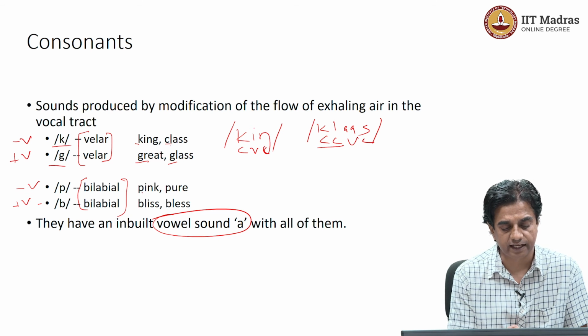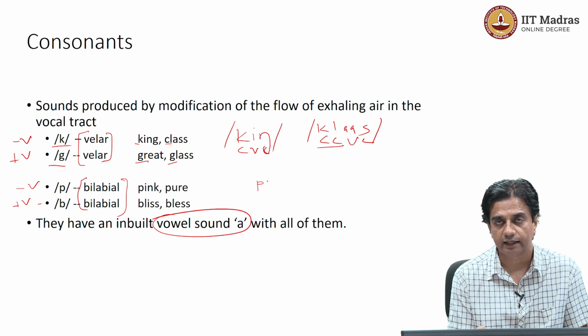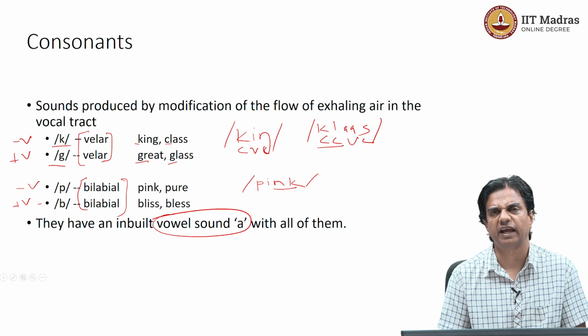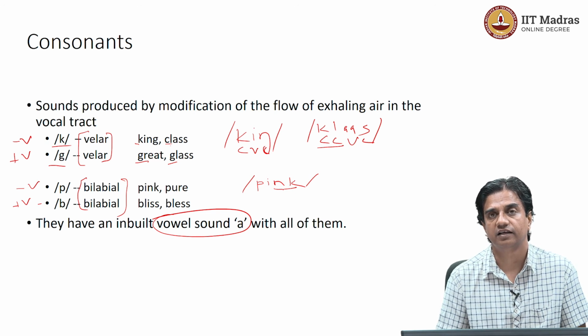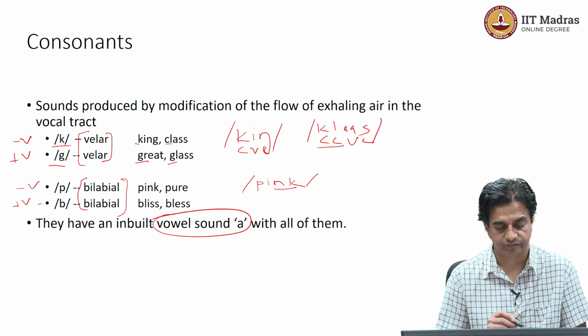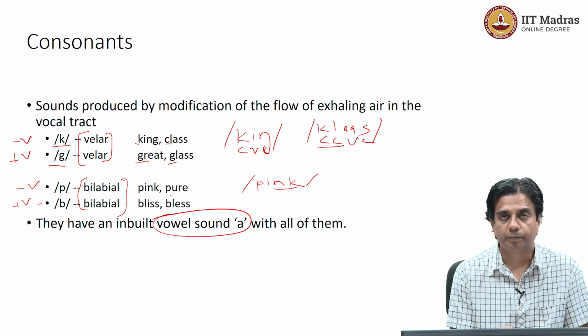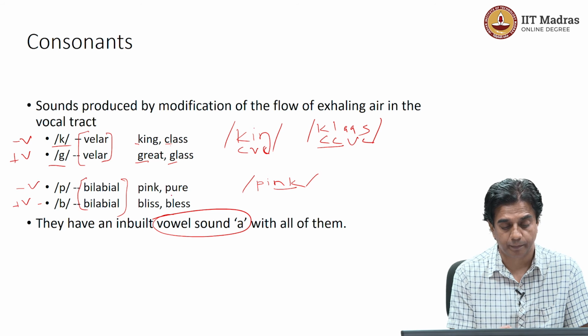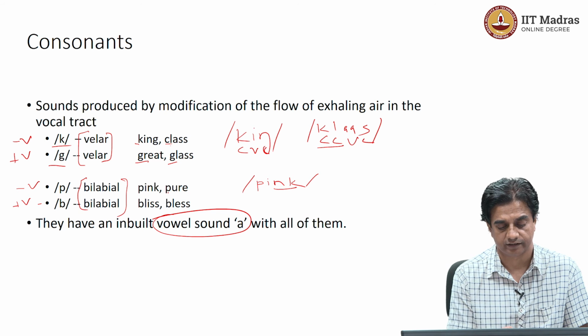When you look at words like pink, in this one you have pa, short e, na and ka, pink. These two sounds, n and k, they are making a cluster.